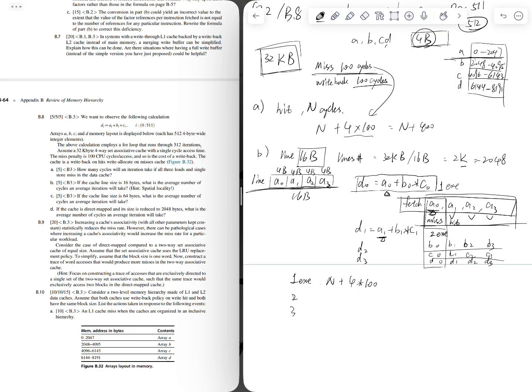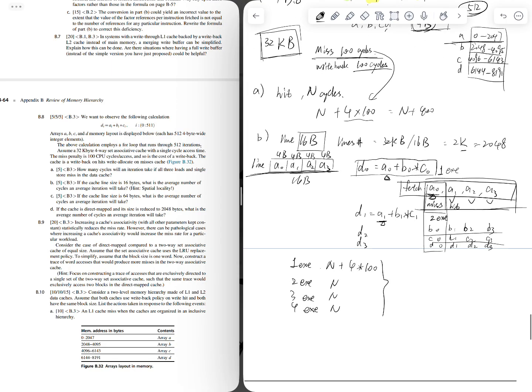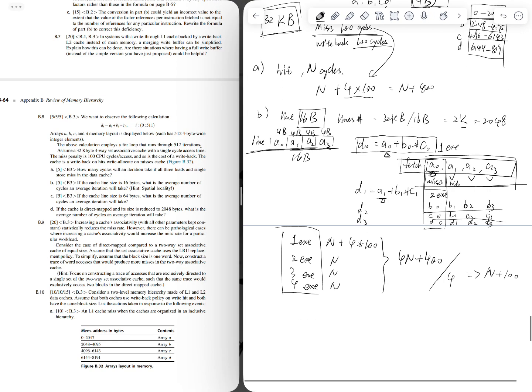For the second, third, and fourth executions, they are all hits with no miss penalty. So we have 4 hits and 400 of miss penalty. But these are 4 iterations, so we divide by 4. Altogether, averagely, it's n plus 100 cycles if our line is 16 bytes.